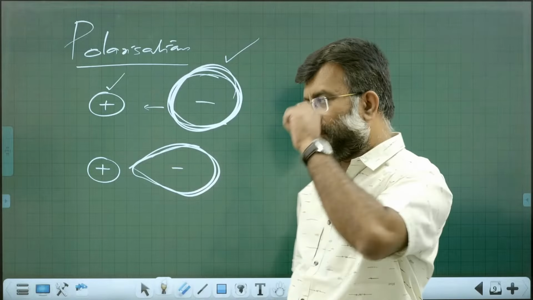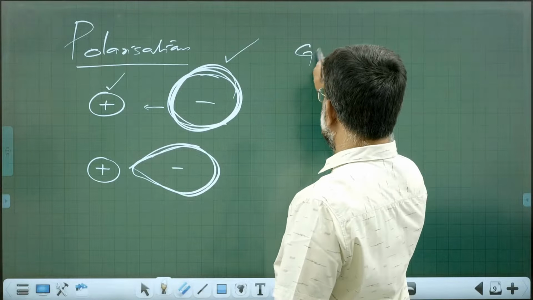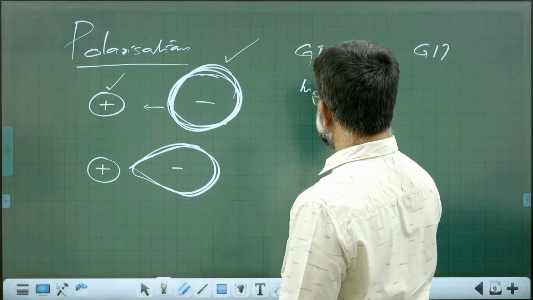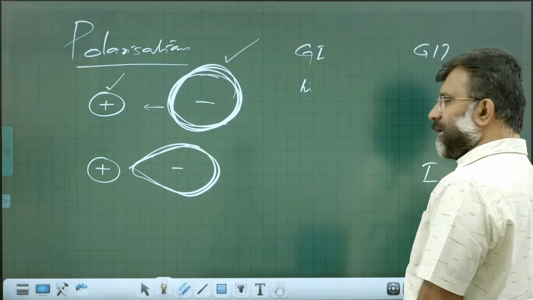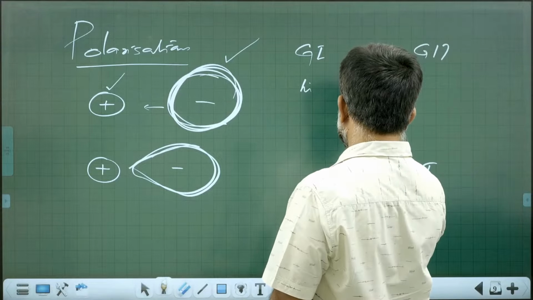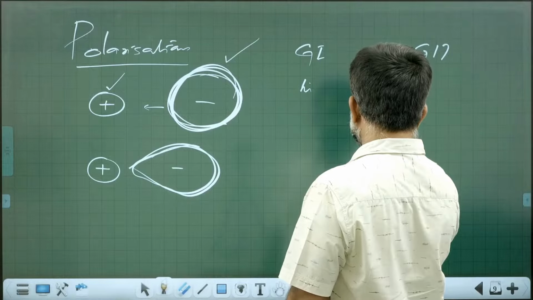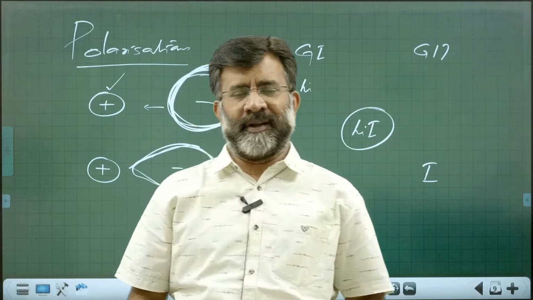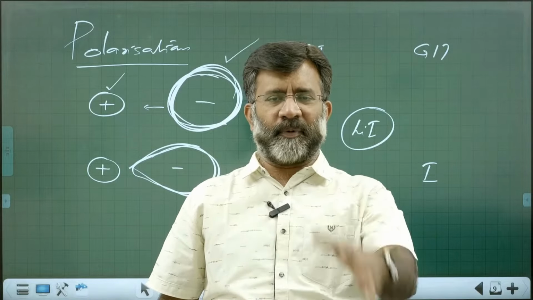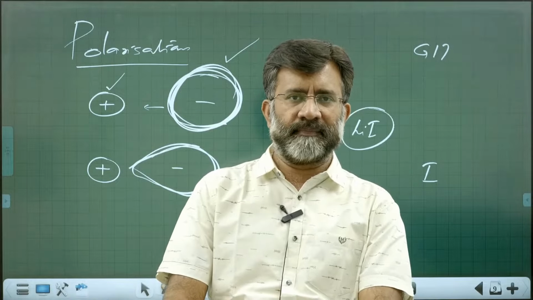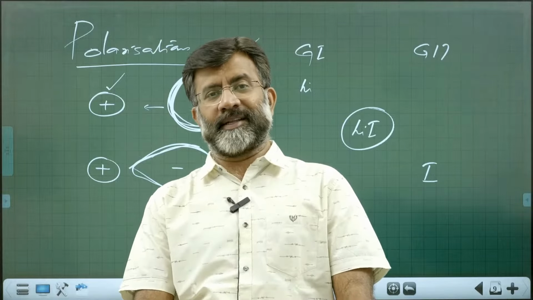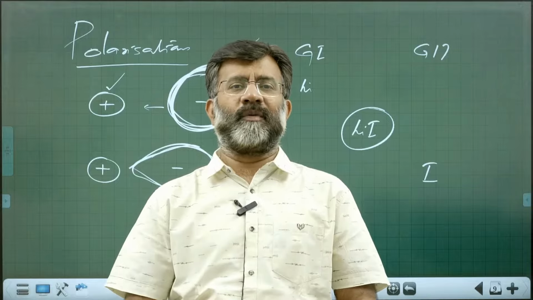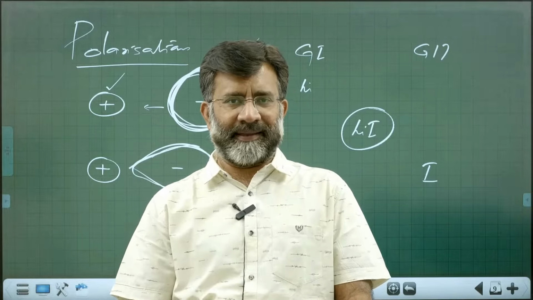If you take group 1 alkali metal and group 17 halogen, lithium the smallest cation and iodine the largest anion, Li is found to be most covalent. Smaller the cation, higher the polarizing power. Larger the anion, higher the polarizability, and greater the covalent character. Hope you get the point.